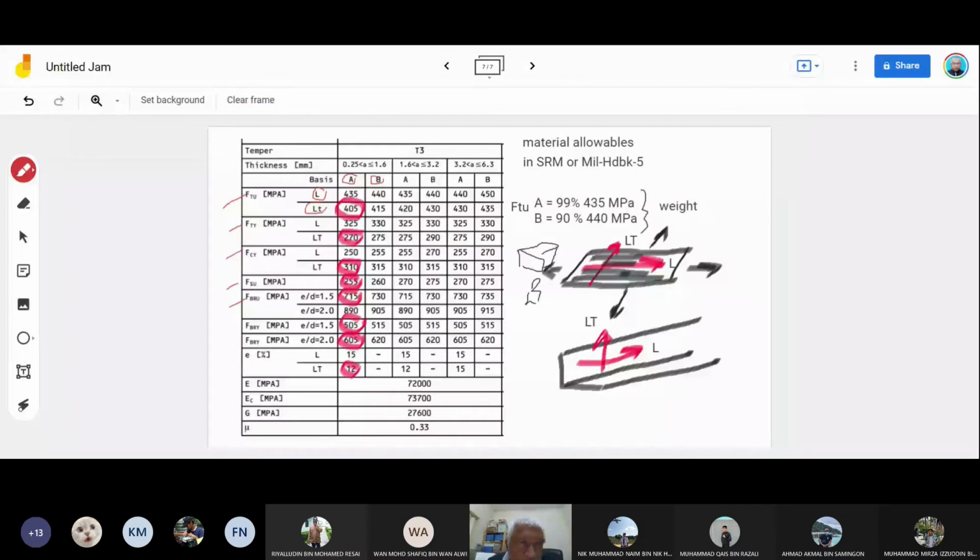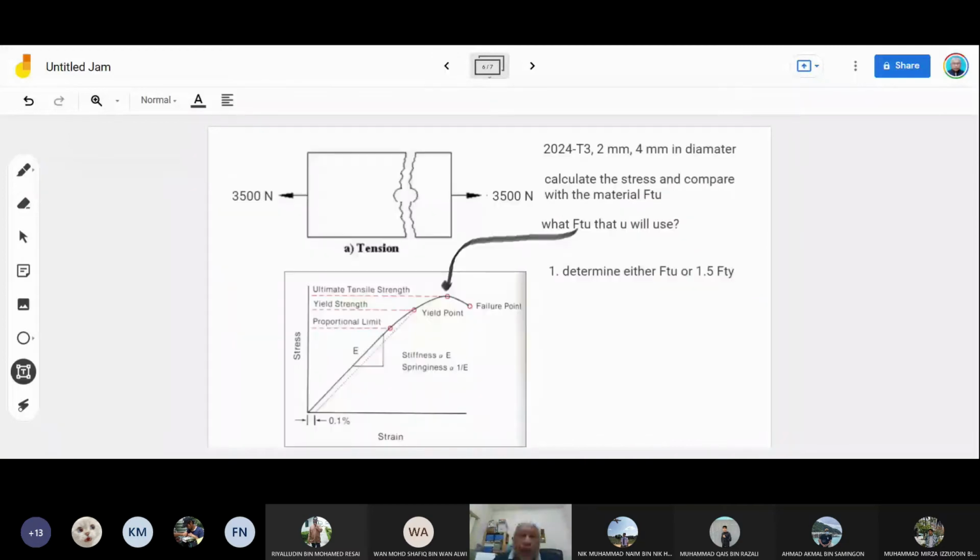Okay, now let's go back. So determine the FTU or 1.5 FTY.